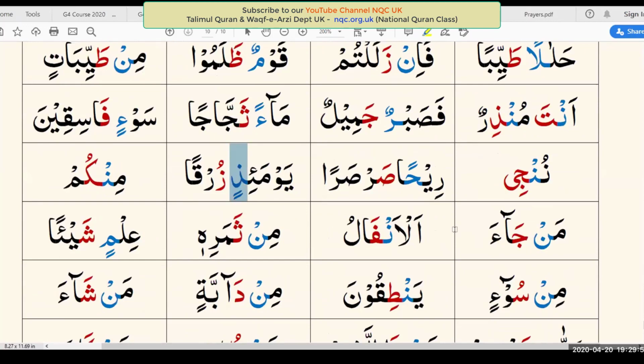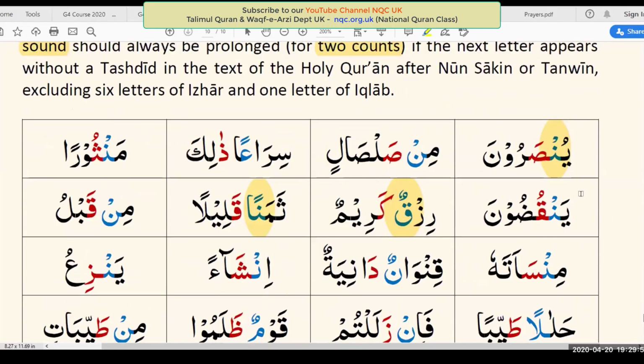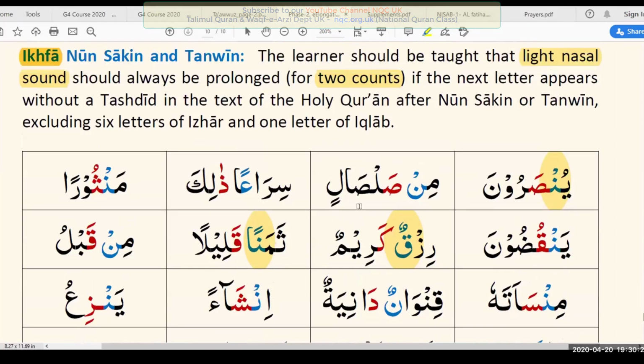If any of the double strokes or the noon sakin is followed by any letter that doesn't have a shadda and is not part of the letters of idgham, izhar and iqlab, like I said before, then the 15 letters that are left after that are the ones where you have to do ikhfa on noon sakin and tanween.